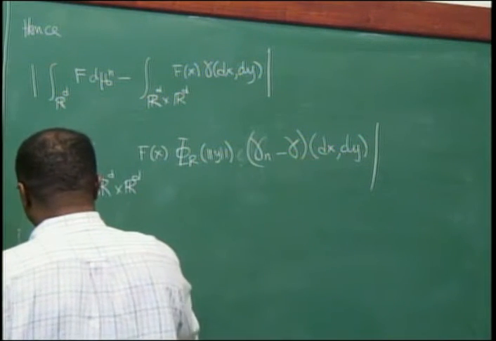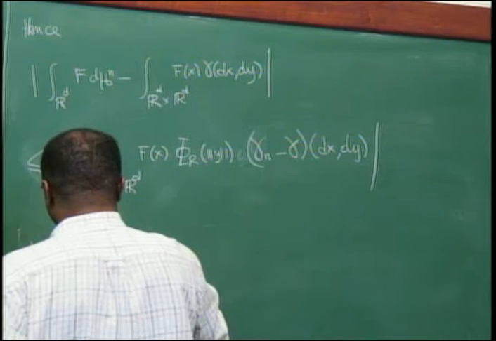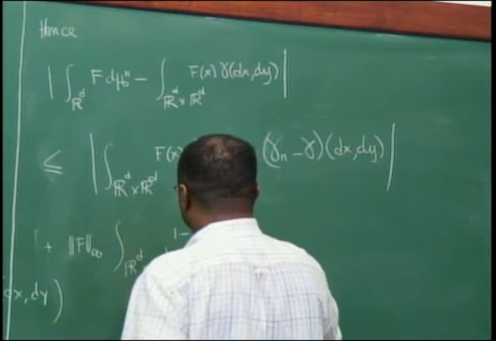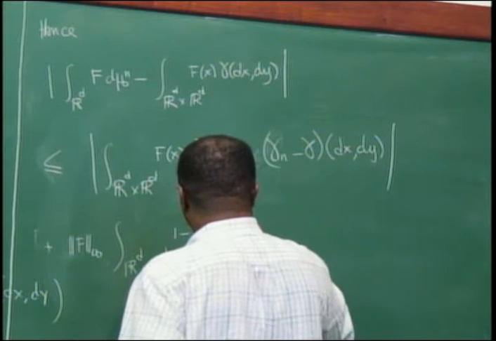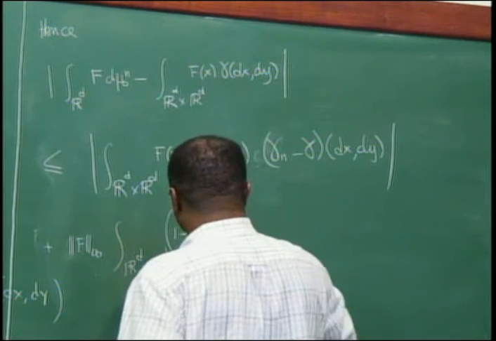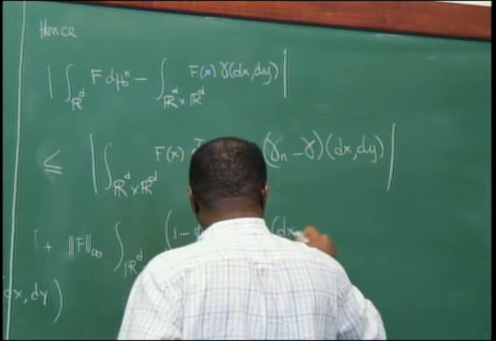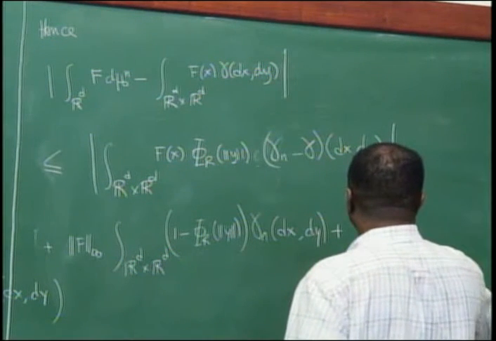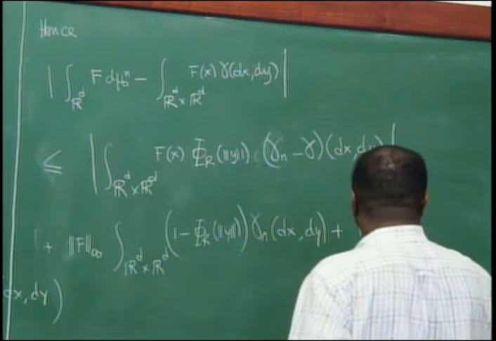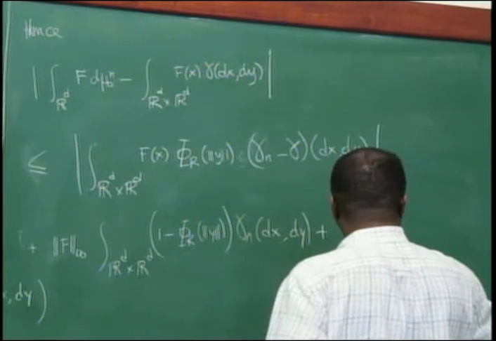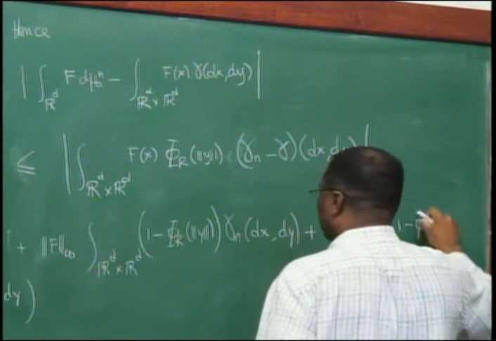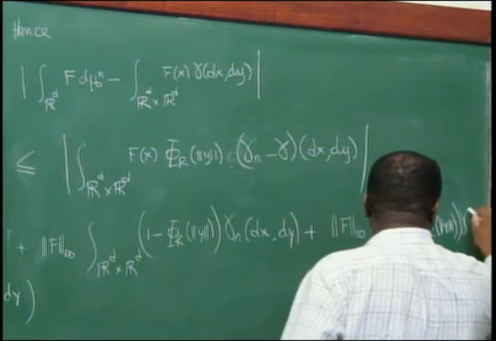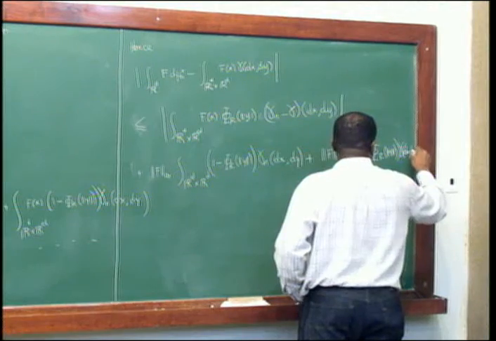I will take the L infinity norm of f, and I will take 1 minus phi r of y, gamma n dx dy, plus the L infinity norm of f, the integral over Rd cross Rd of 1 minus phi r of y, gamma dx dy.